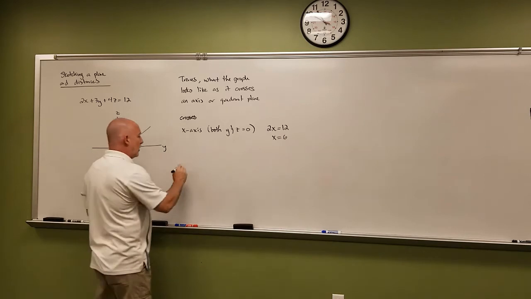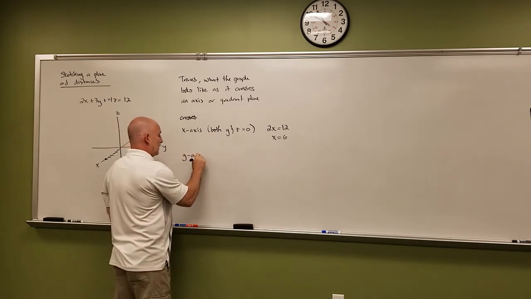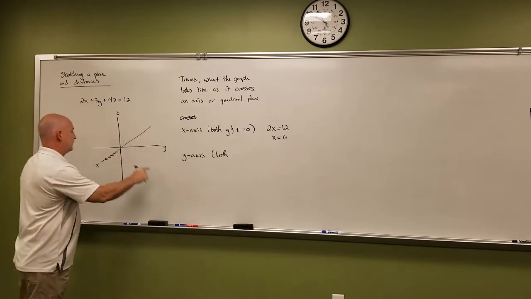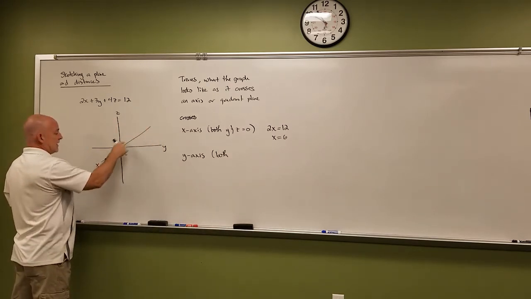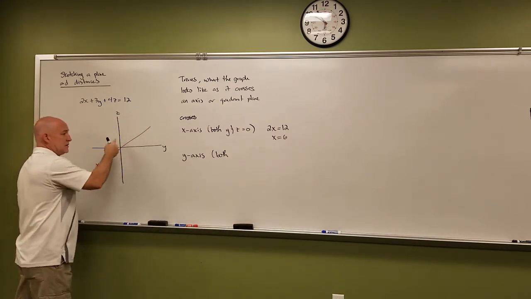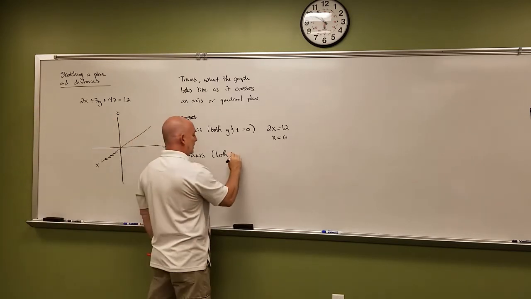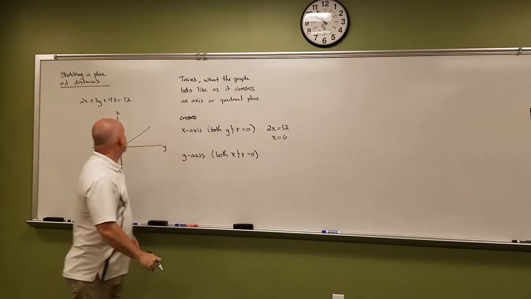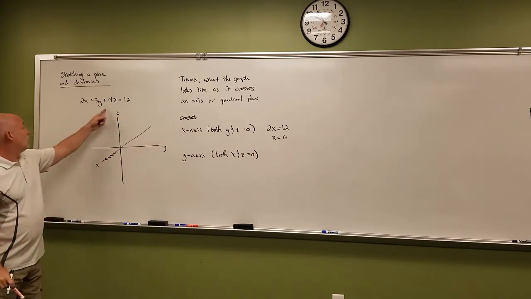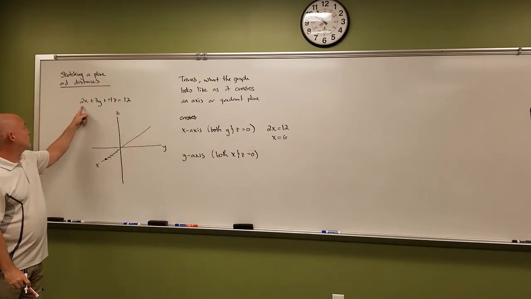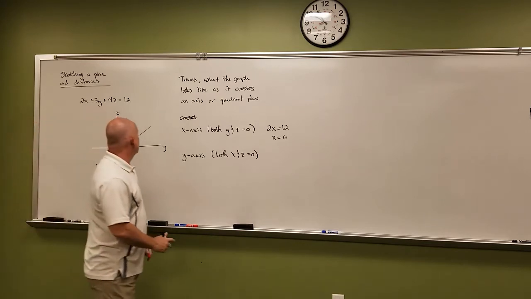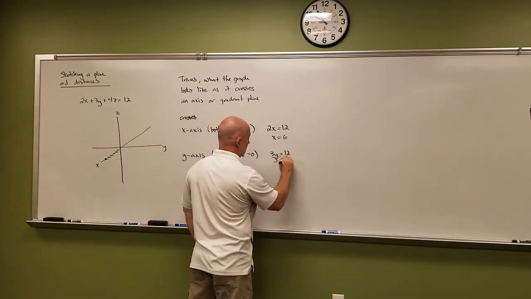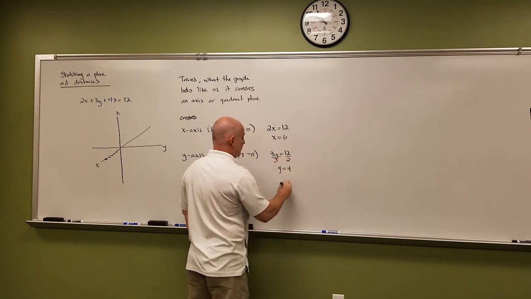Again, let's take a look at the y-axis. For every point on the y-axis, that's the horizontal one, we can see that x is 0 and z is 0. So if x and z are 0, what do we get here? Well, we get 3y = 12, so y would be 4.